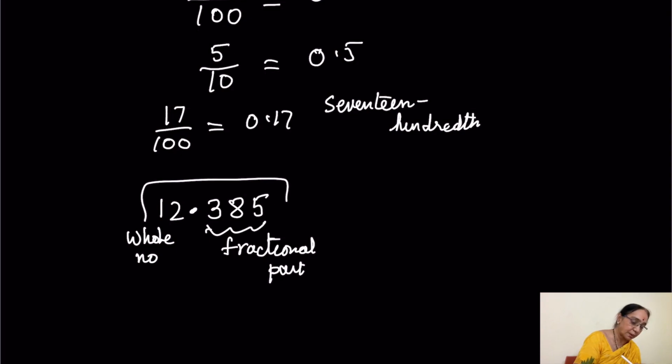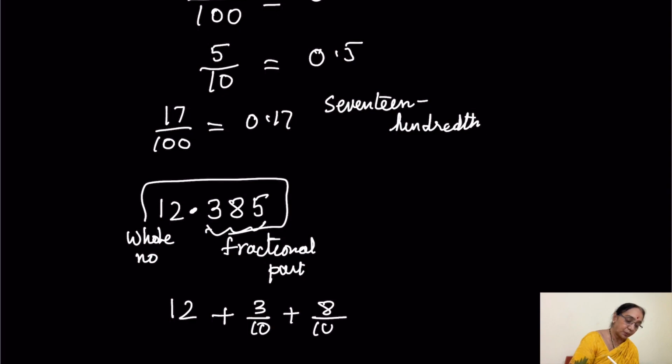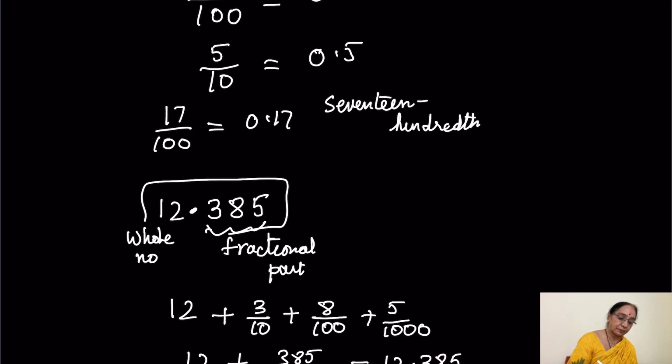Now, in the expanded form, it is 12, the whole number, plus we are concentrating more on this decimal part. So this is 3 out of 10 plus 8 upon 100 plus 5 upon 1000, which together can be written as 12 plus 385 upon 1000. And in the decimal form, it is 12.385.